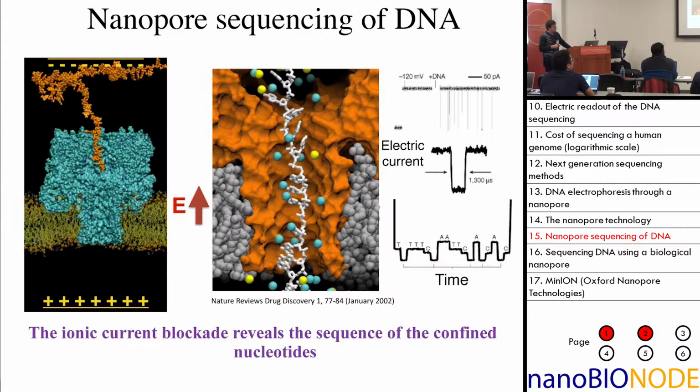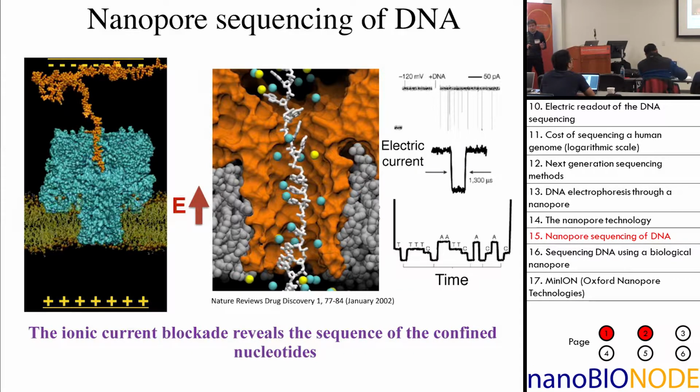And here's a movie illustrating the process of ionic current happening through this pore. Ions of different kinds go up and down. But if you are lucky, or you have a rich fantasy, then maybe you can draw this trace here, yeah? And you can say, well, if we do our job correctly, maybe we can engineer a system that will be able to read the sequence of DNA directly by measuring electric currents.